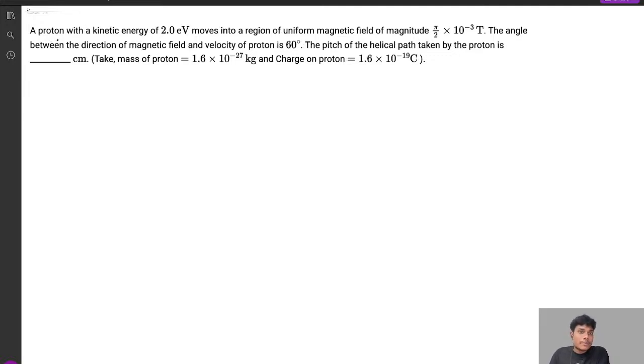A proton with a kinetic energy of, that is K is equal to 2.0 electron volt. Is this ink visible or not? Please let me know.